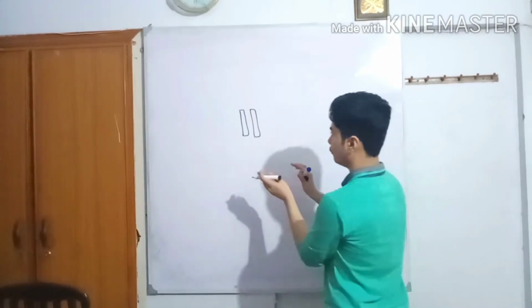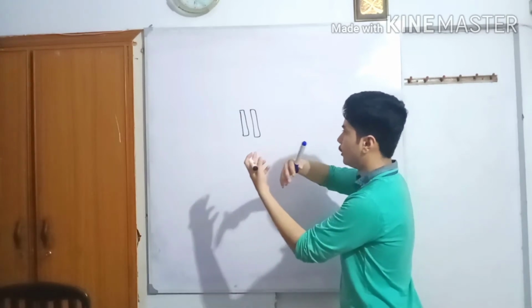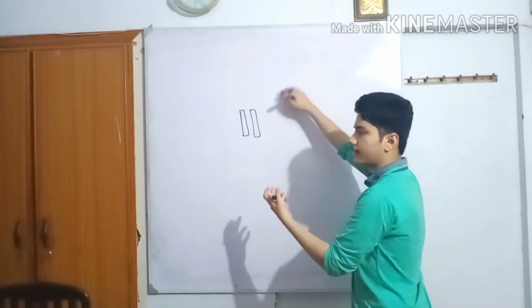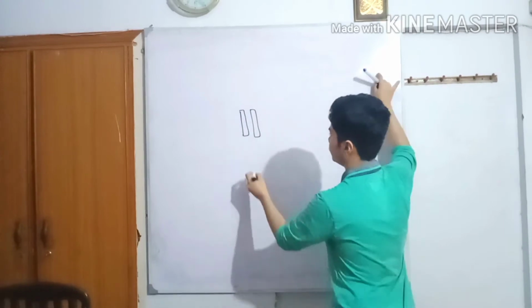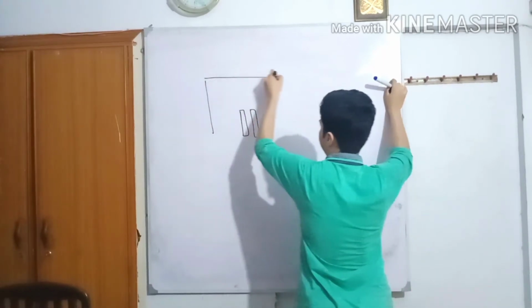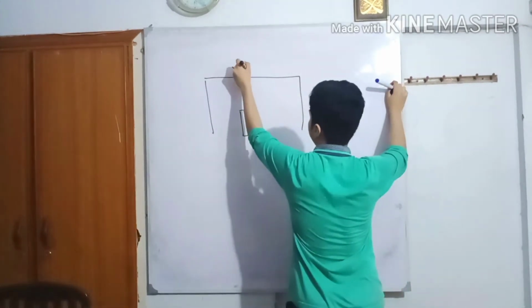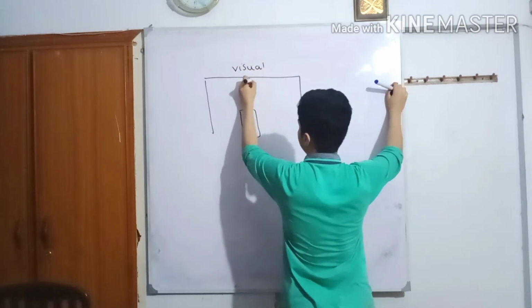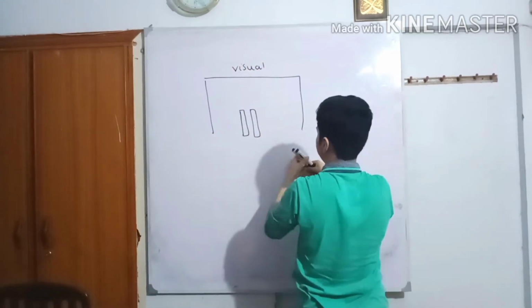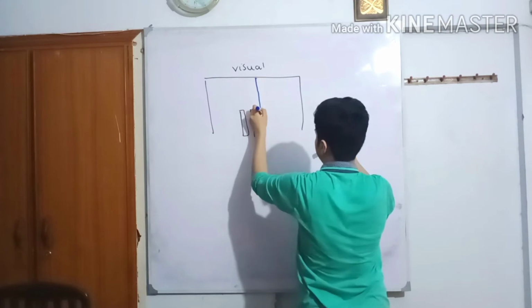But when he took waves and launched them through the double slit, then what happens? There was a visual screen where you obtained bright and dark fringes, just like this.